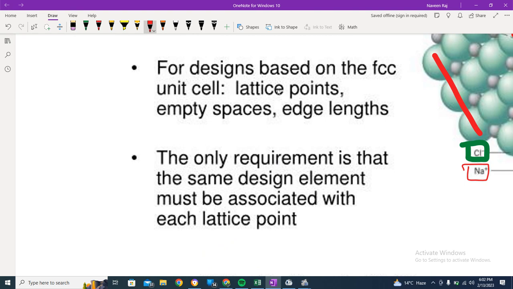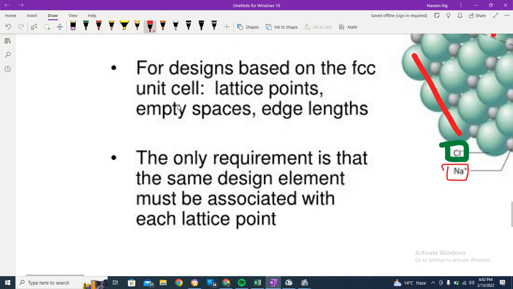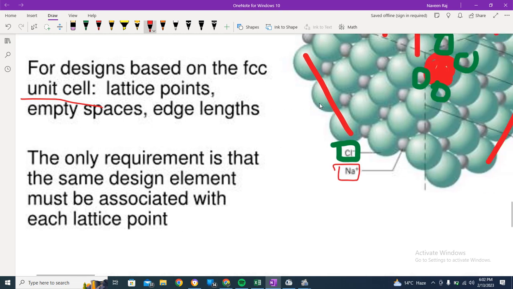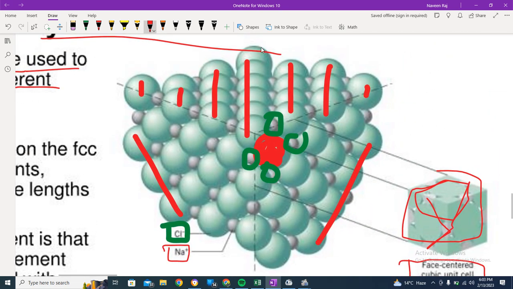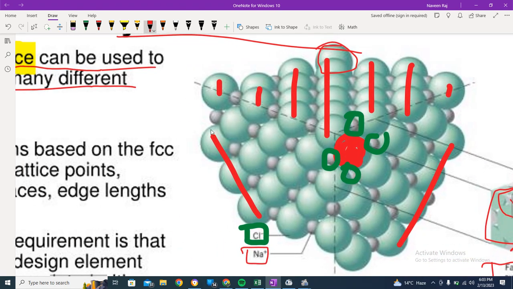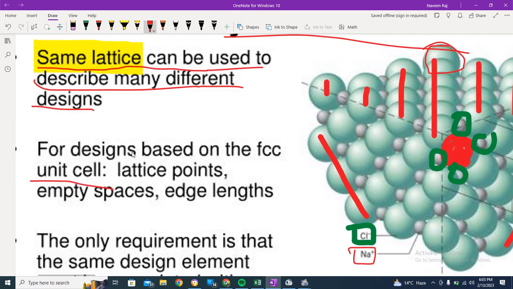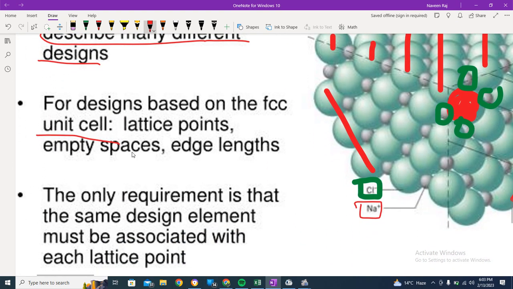We'll talk about the unit cell in detail in an upcoming video, but do remember that one unit of this whole system is termed a unit cell. The smallest part of the crystal lattice is termed a unit cell, and the unit cell is repeated again and again in a particular way in a crystal.